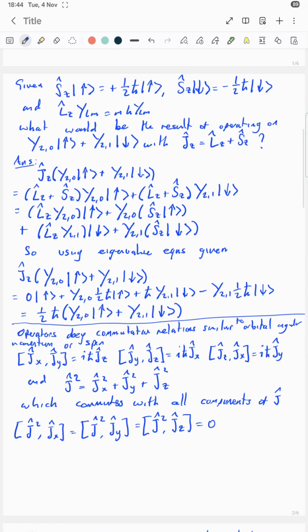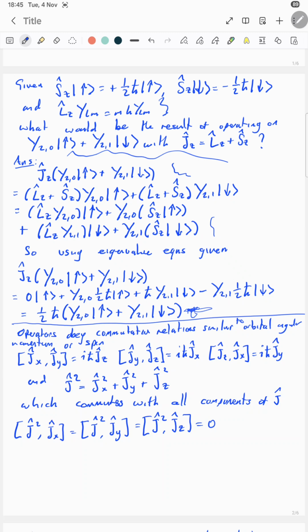Now, given that S of Z spin up equals plus 1/2 h bar spin up, and S of Z down equals minus 1/2 h bar down, and L of Z acting on the spherical harmonic is m h bar times the spherical harmonic, what would be the result of operating on here? Now the answer is here. It's basically plugging this in and simplifying, and using the eigenvalue equations given, we end up with this here.